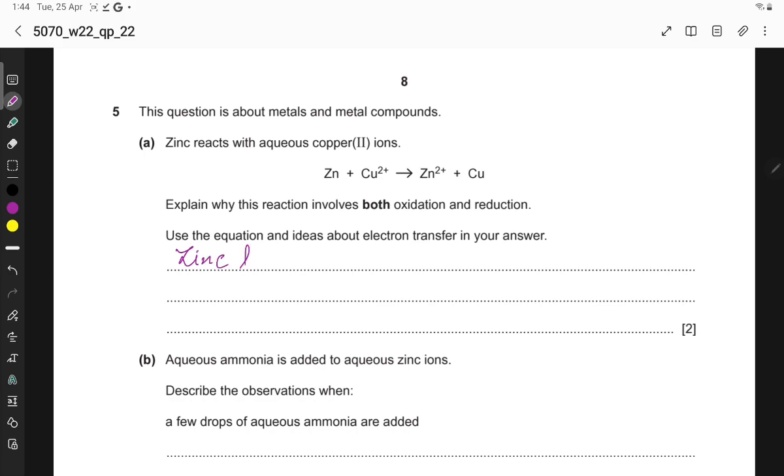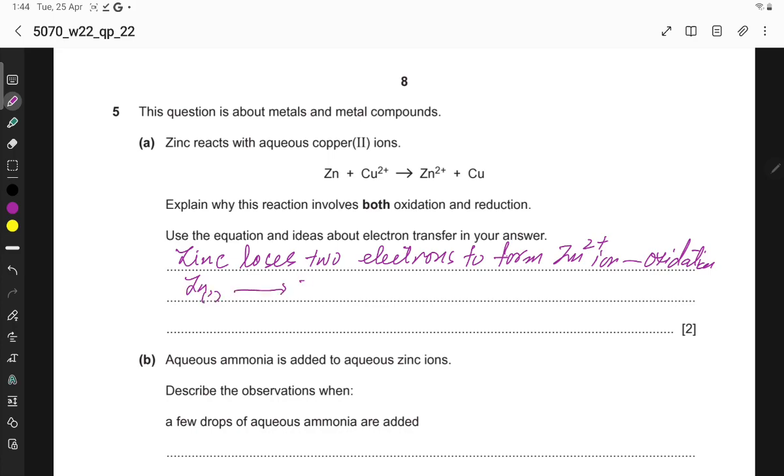Zinc loses two electrons to form the zinc 2 positive ion. This is known as oxidation. Zinc solid tends to lose two electrons to form the zinc ion.